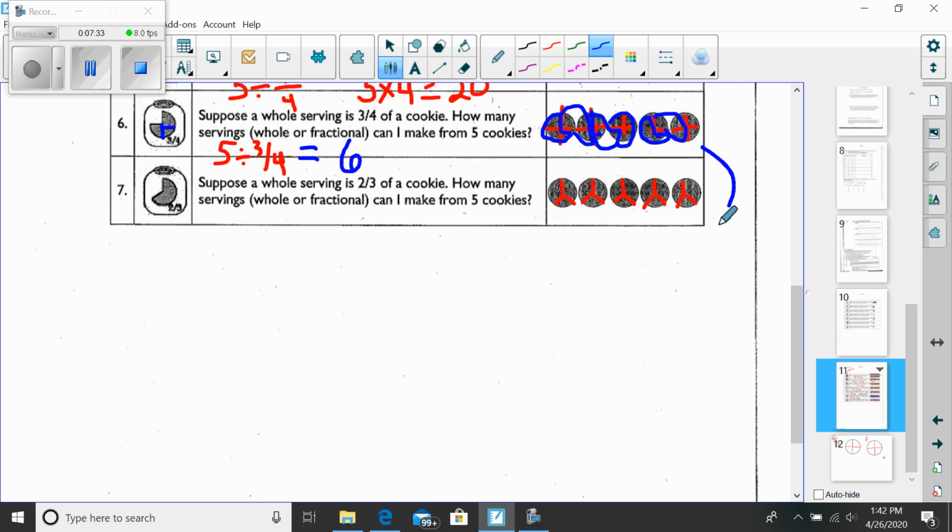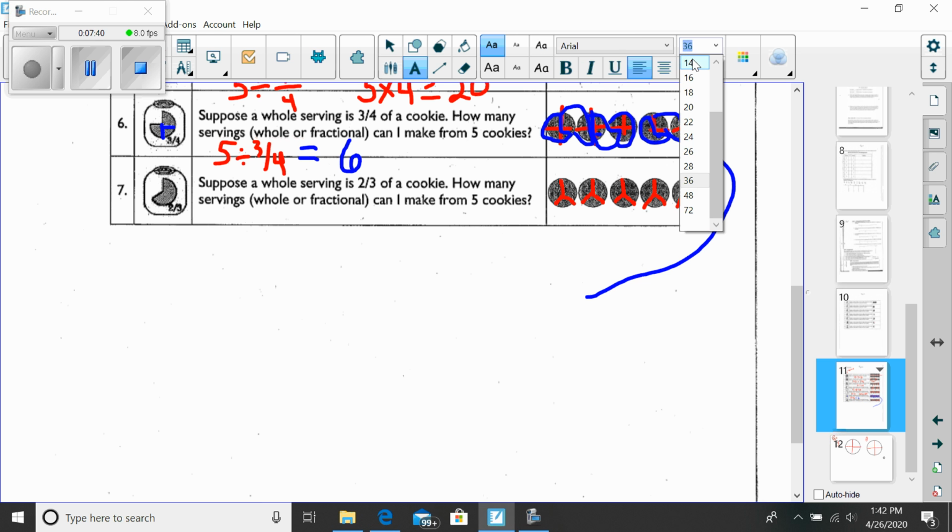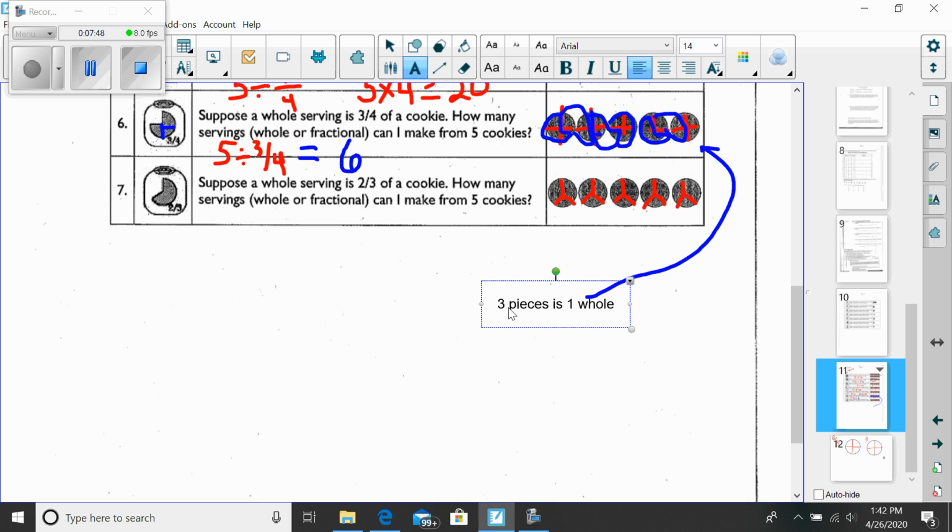Okay, so let me open up a text box and let me write some things down to help you really see and understand what's happening in this problem. Okay, so 3 pieces is 1 whole, okay, because it all comes back to the whole. We really hammered on that point last week. 3 pieces is 1 whole serving.